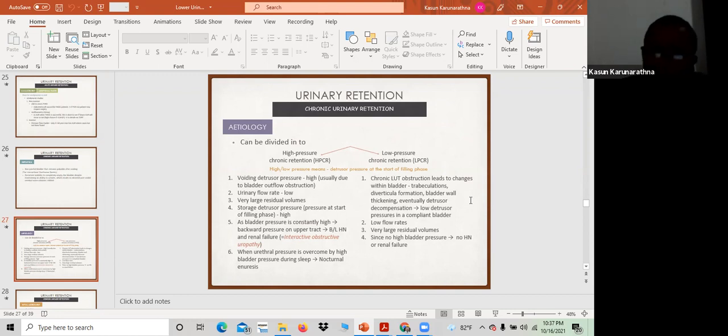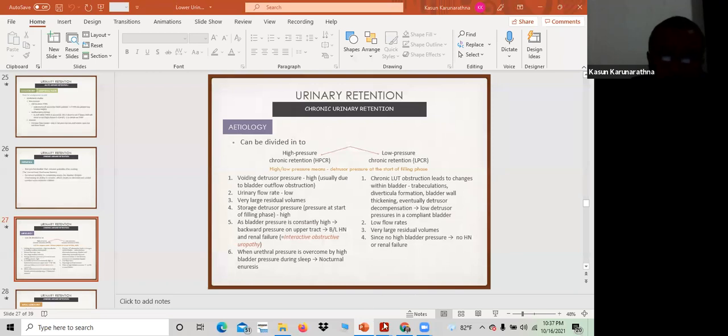The bladder becomes very compliant, so the residual volume is very large but the pressure is low. Since the pressure within the bladder is low, there won't be any backflow, so no hydronephrosis or renal failure. Someone has asked about this high pressure and low pressure thing. This is that, right? In chronic retention.